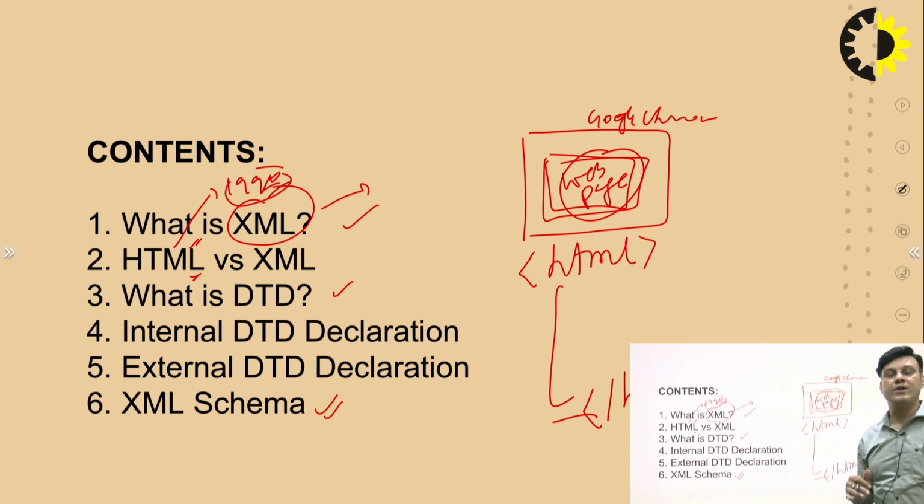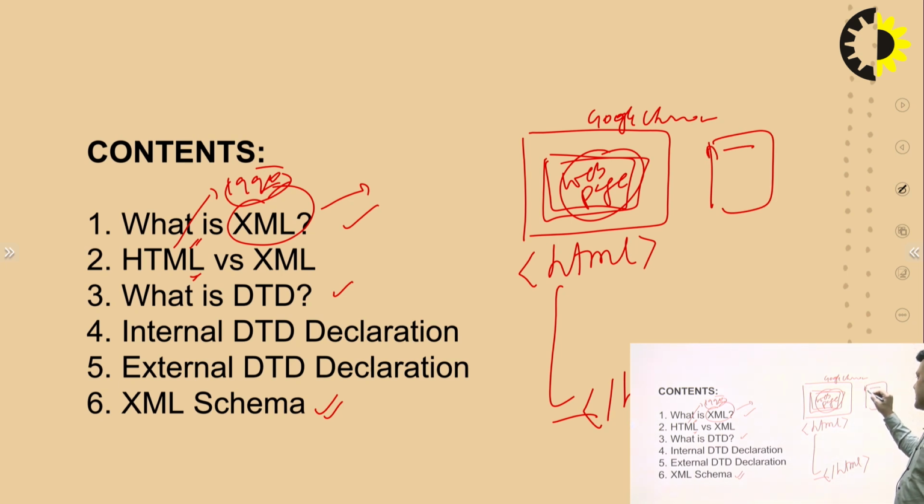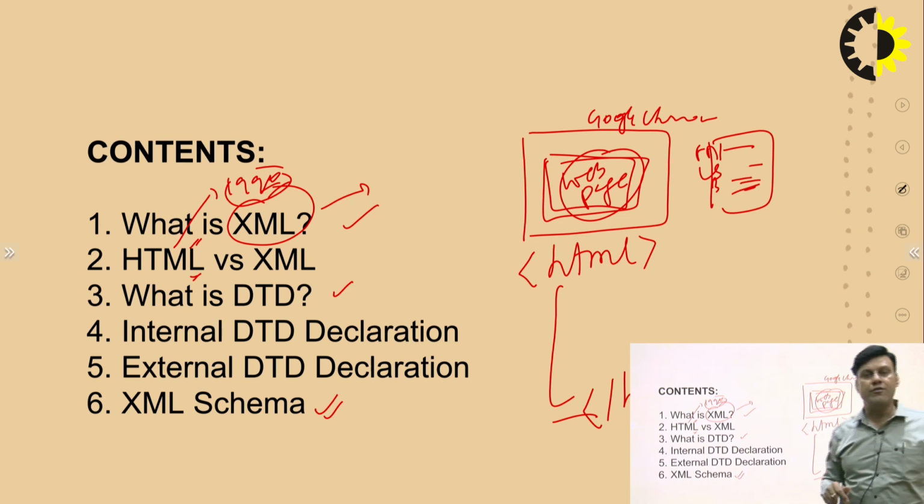For example, we have a registration page. Name is there, first name is there, last name is there, branch, section, a lot of information is there, right? Now we want to keep this information on a client machine. We want to save it in a database, right? So we use some sort of scripting.